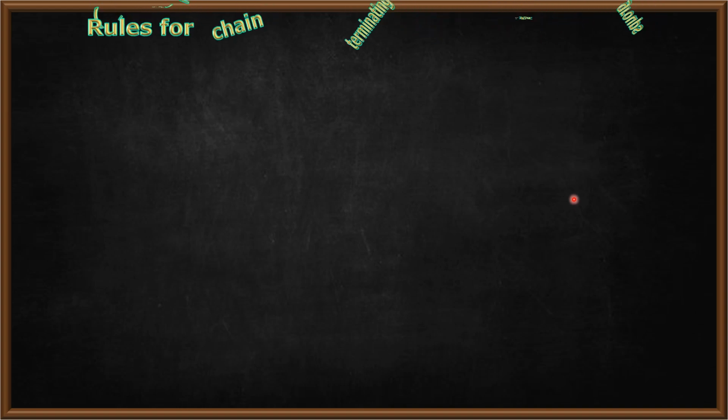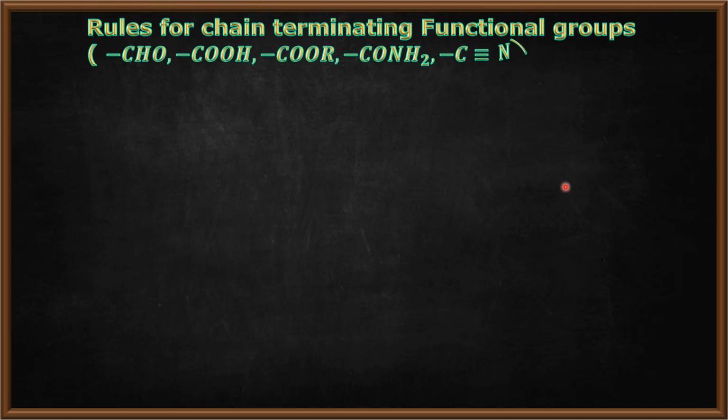Rules for chain terminating functional groups such as CHO, COOH, COR, CONH2 and C triple bond N. In an organic compound, if a parent chain is terminated by any of these functional groups, then the carbon atom in that functional group must be assigned number 1 while numbering that chain.